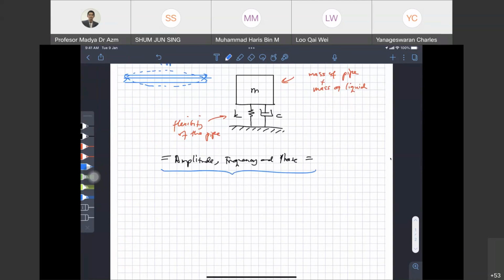Because when you take measurements, when you go out to Petronas to measure piping vibrations, you will have this information: the amplitude, the frequency, and also the phase.